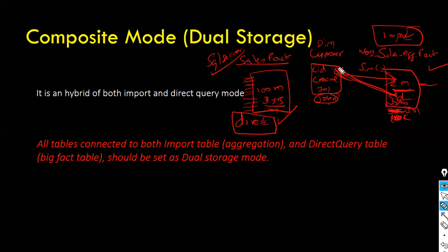You have created the relationship between the customer dimension table and the sales aggregated fact table. And when you combine the CID column with this CID column, in this table you will get the associated customer name. John, got it. So John purchased 10K last week in the North region. Your report can show something like that.